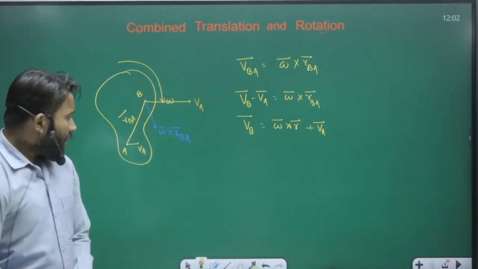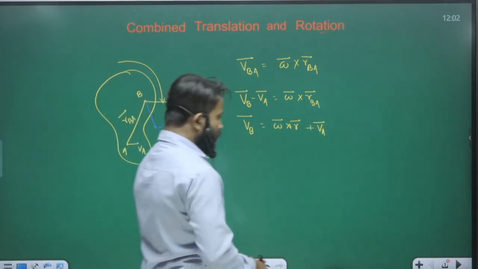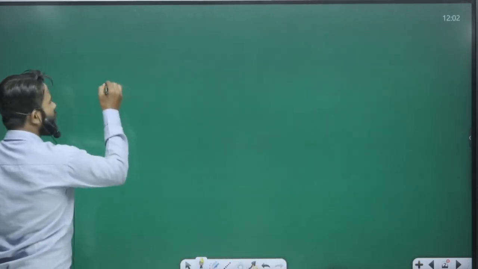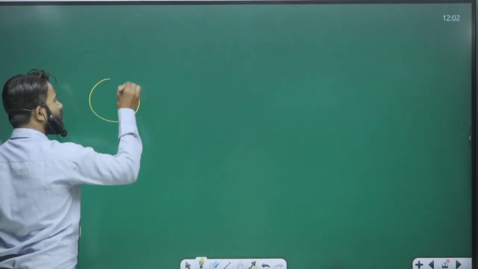Now to clarify, we are considering a disk. Let us suppose a disk.